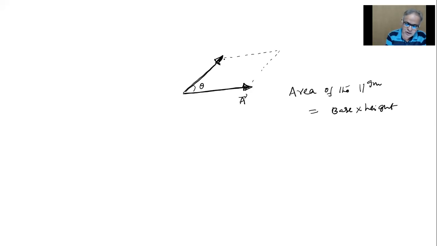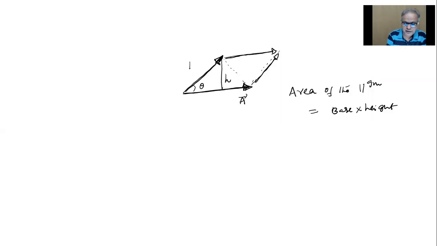Because this can always be taken as 2 identical triangles. This is once again A, this is also B. So one triangle's area will be this base into this height.